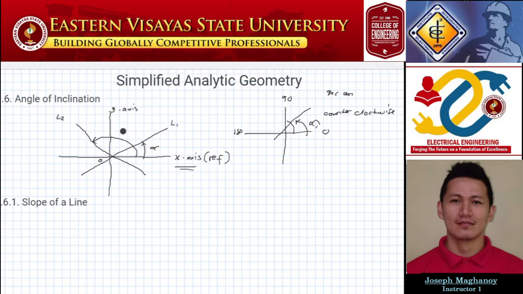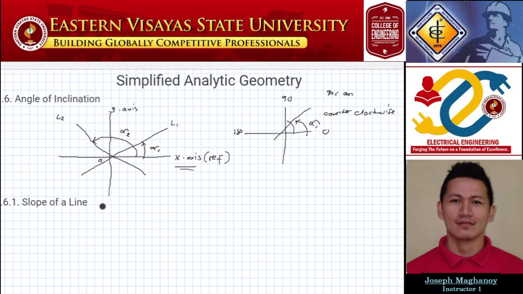Let's denote this as alpha 2. I hope the definition of our angle of inclination is clear. It's only the angle from the reference line, the x-axis, to your line 1 or 2.